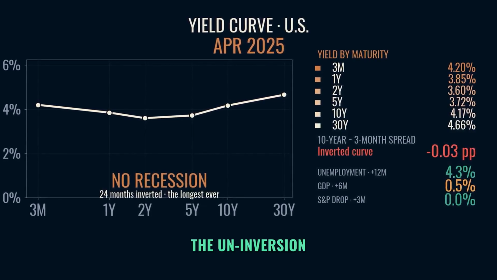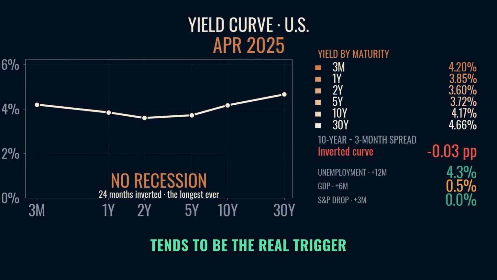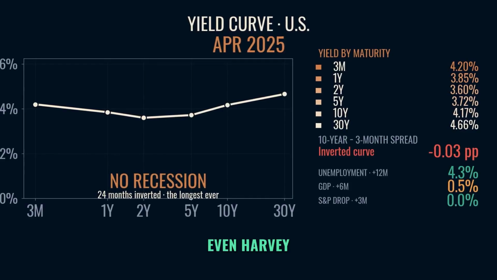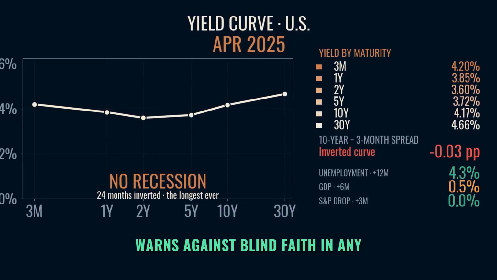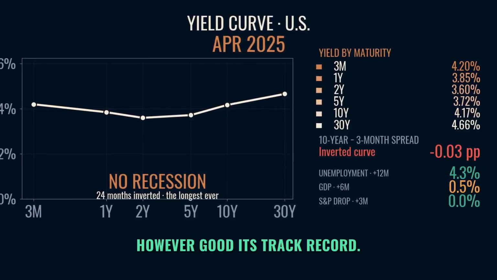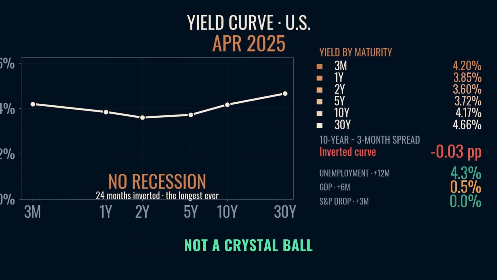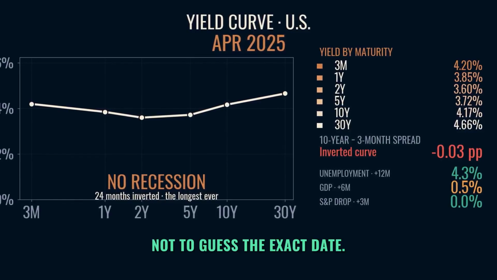Third, the un-inversion, that is, the curve steepening back toward normal, tends to be the real trigger of the recession, more than the inversion itself. And fourth, even Harvey, the man who discovered all of this, warns against blind faith in any single indicator, however good its track record. It is the best warning we have, not a crystal ball, and a warning is used to prepare, not to guess the exact date.